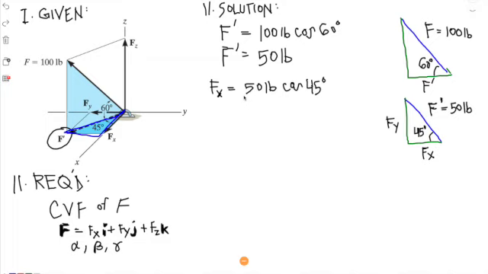Plug that in our calculators: square root of 2 over 2 times 50. That gives us 35.